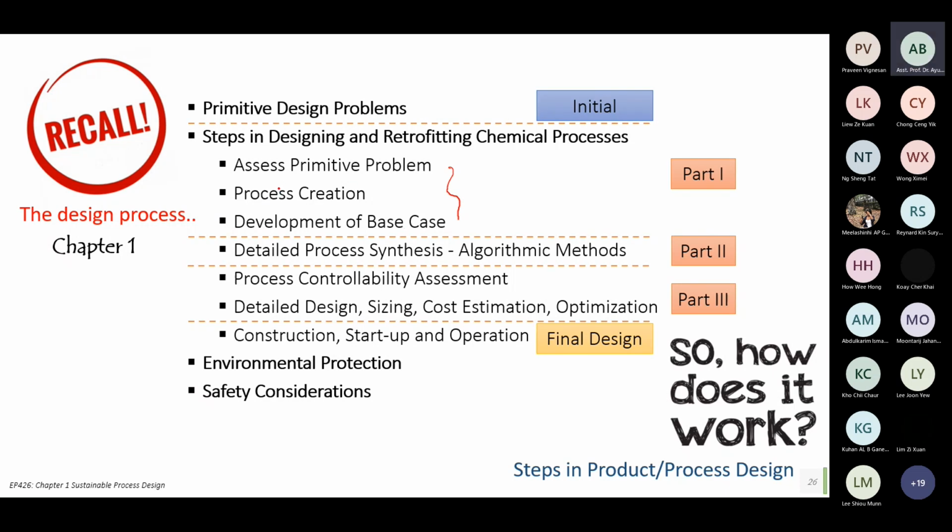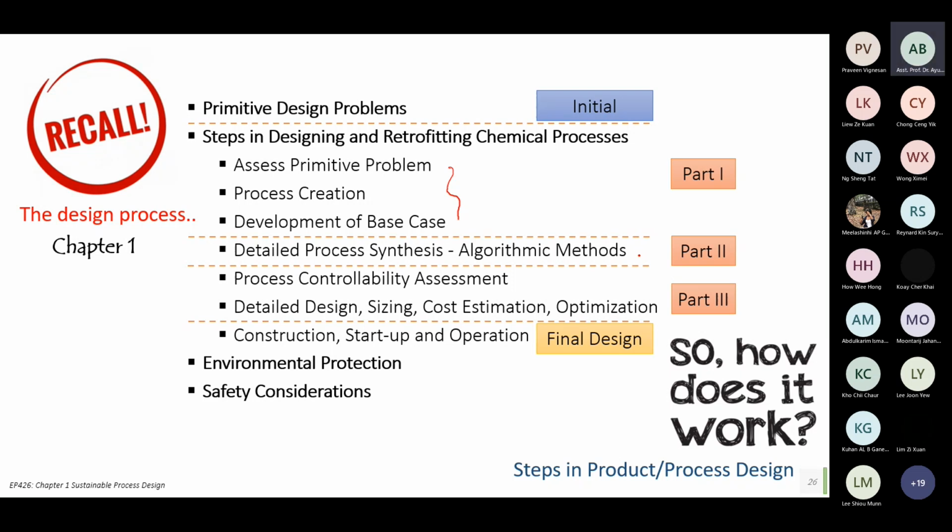Process creation: after you select a few processes, then you choose the most feasible one, then develop the base case, the basic process flow. Okay. Then after that, move to part 2 where you need to detail out the synthesis.